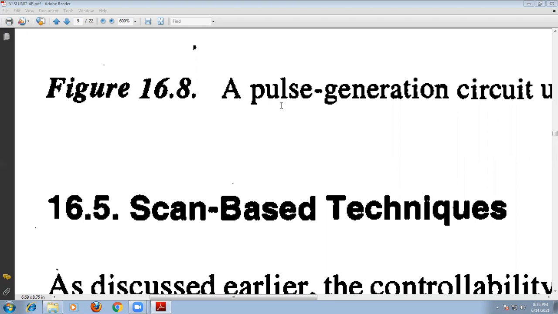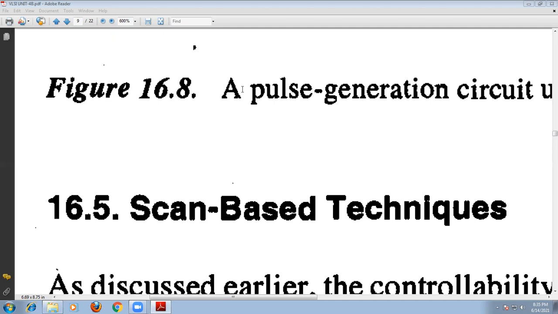Controllability and observability can be enhanced or increased by providing more accessible logic nodes with the use of additional primary input lines and multiplexers.